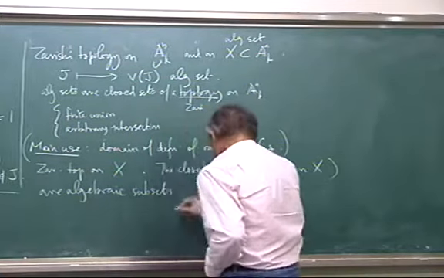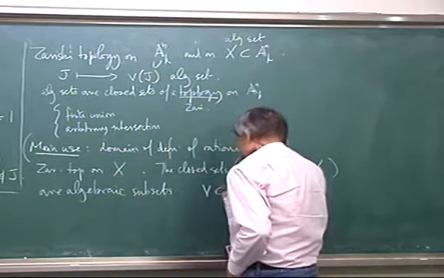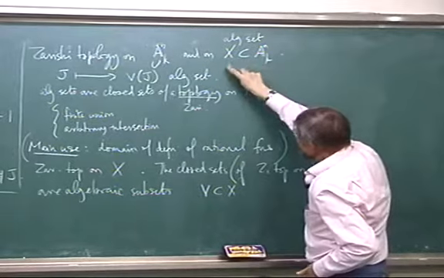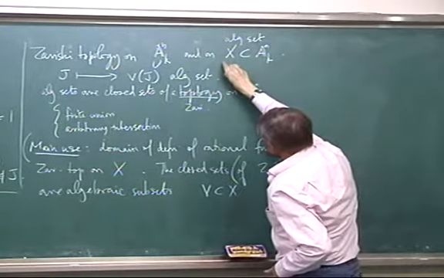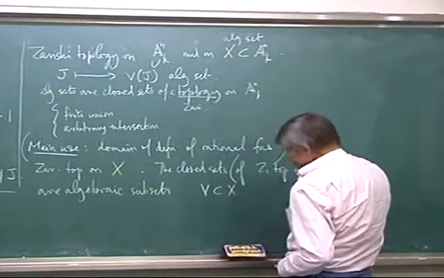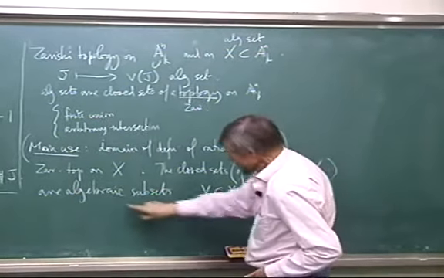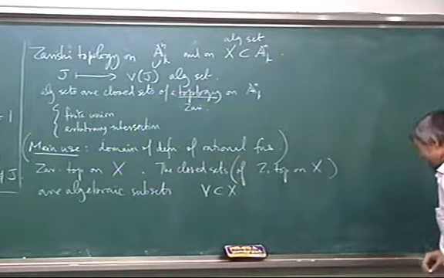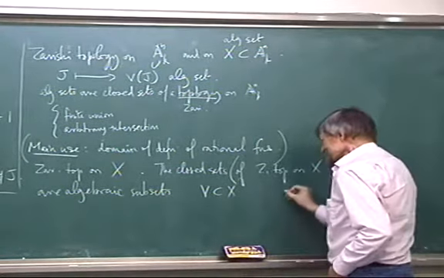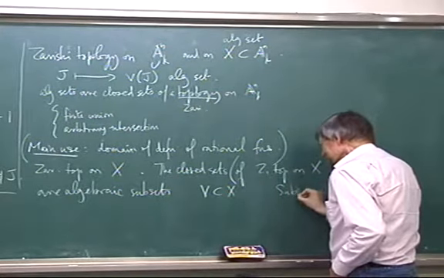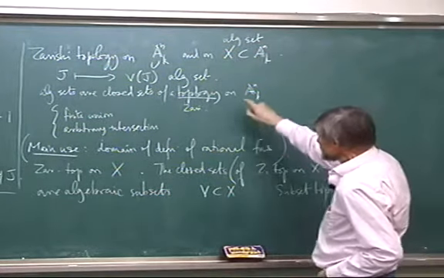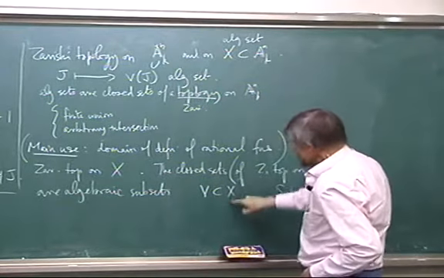So let's say some V in X. X is now not the whole space. X is maybe a hypersurface or something that's much smaller. It's some algebraic set in there. The closed sets of the Zariski topology on X are all algebraic subsets contained in X. This is the same thing as the subset topology of the Zariski topology on A^n, restricted down to X.